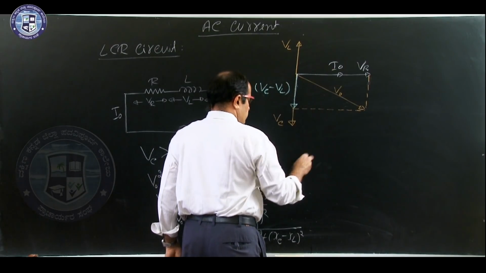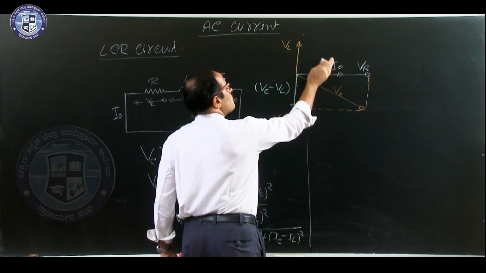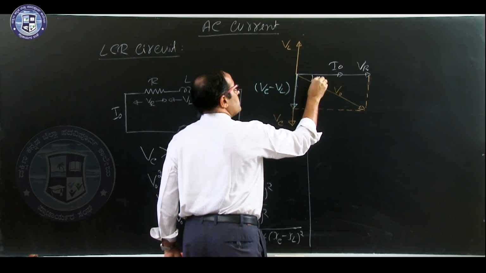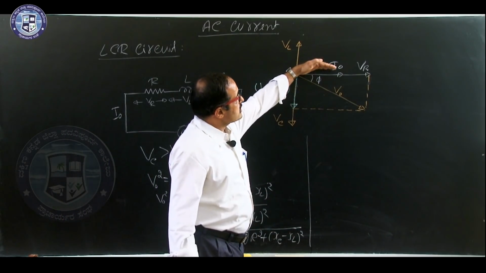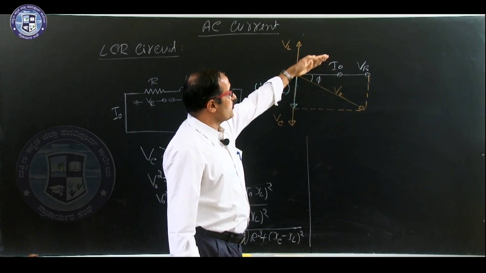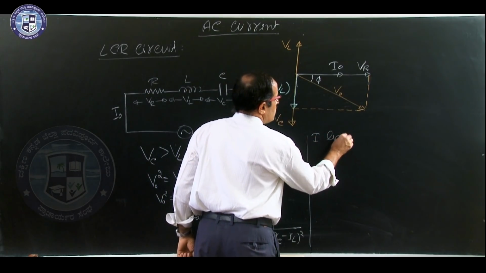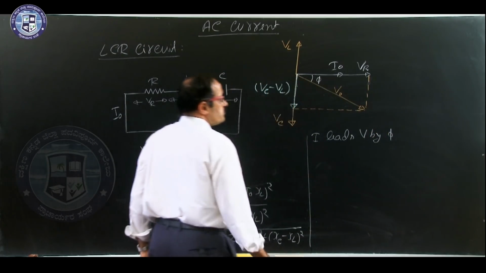Now, look here in this phasor drawing, this is current, this is voltage. Who is leading? Current is leading the voltage, and phase difference is phi. So, very clear, current has got a larger phase angle compared to voltage. Therefore, we can say current leads voltage, I leads V by an angle phi.